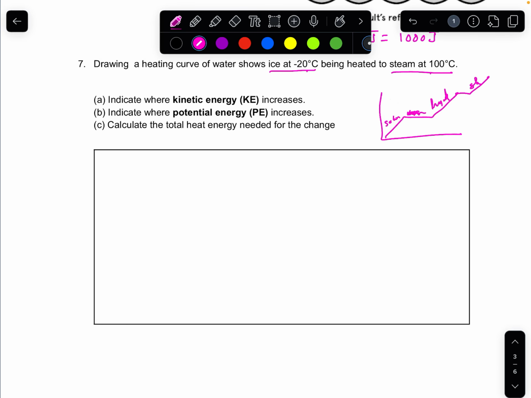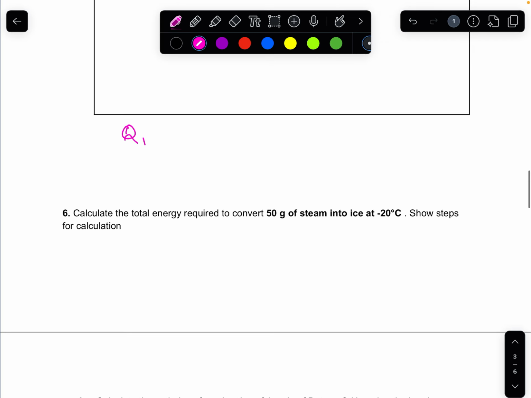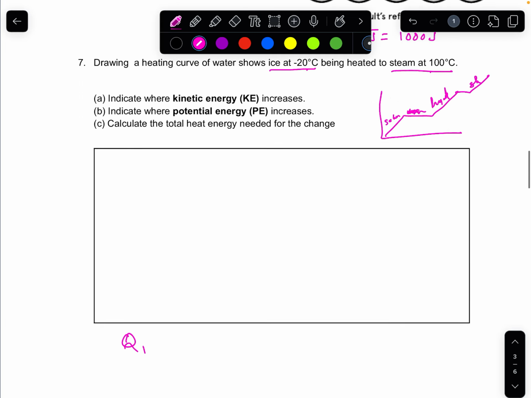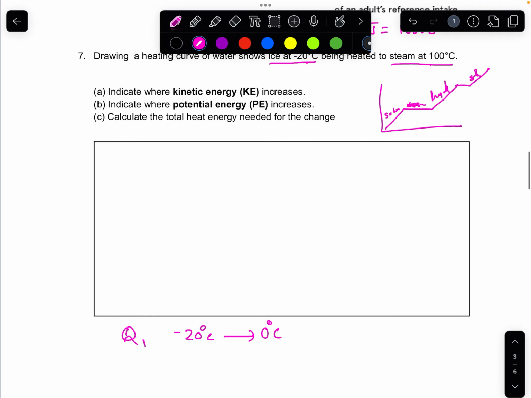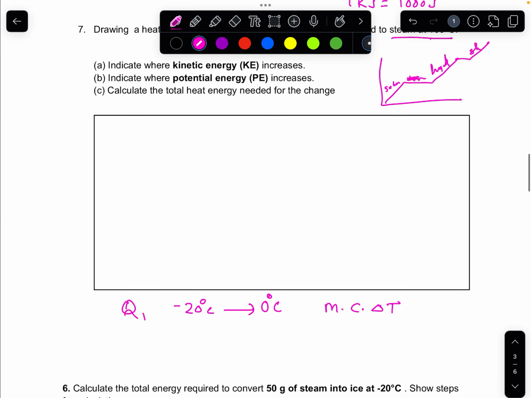Okay, so you have to find Q1. Okay, so Q1 we will start from -20 degrees Celsius, and the freezing point or melting point of water is 0 degrees Celsius. Calculate Q1 using the equation m times c times delta T, because there is a temperature change.